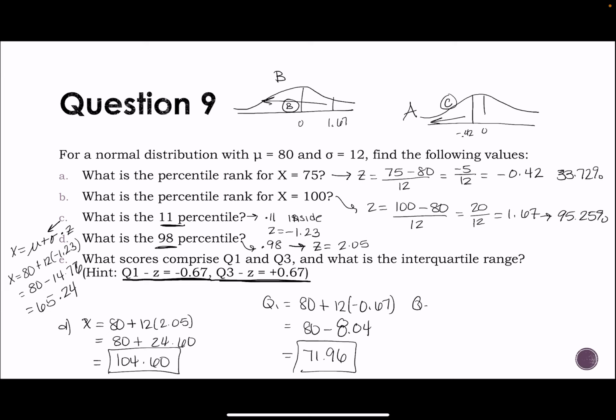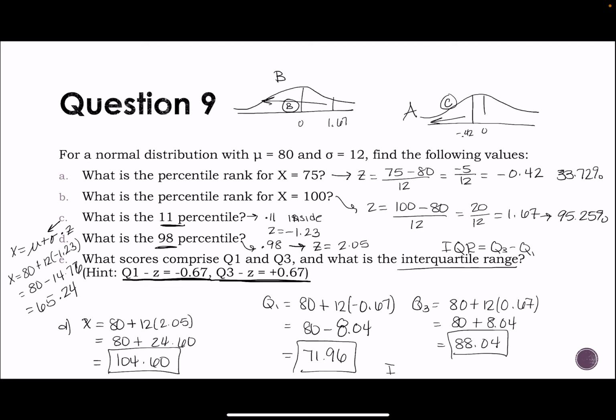I'm going to do the same thing for Q3, except it's going to be a positive 0.67. So 80 plus 12 times 0.67. So this is going to be 80 plus 8.04. So this will be 88.04. There's my Q3. And remember, for my interquartile range, that's the IQR, I subtract Q3 minus Q1.